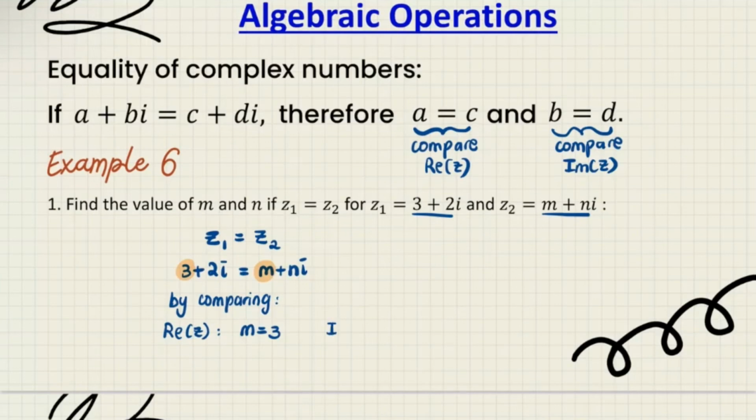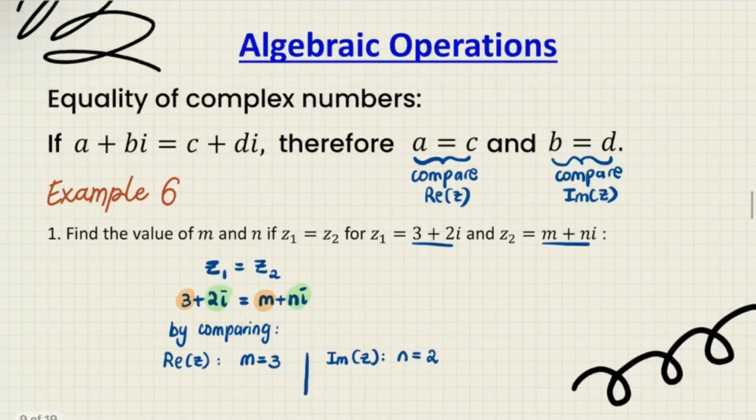And for the imaginary part, we have this one. 2i kita comparekan dengan Ni, so automatically N will be equals to 2. Okay, so ini cara penulisannya sedikit proper lah.